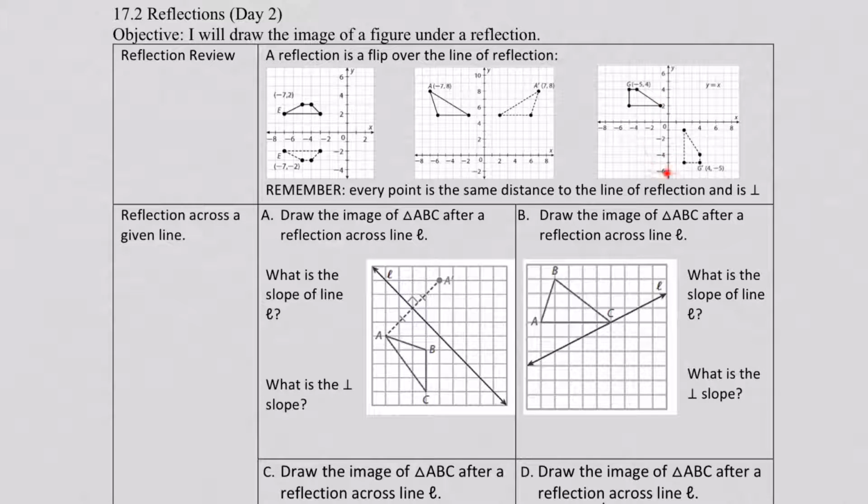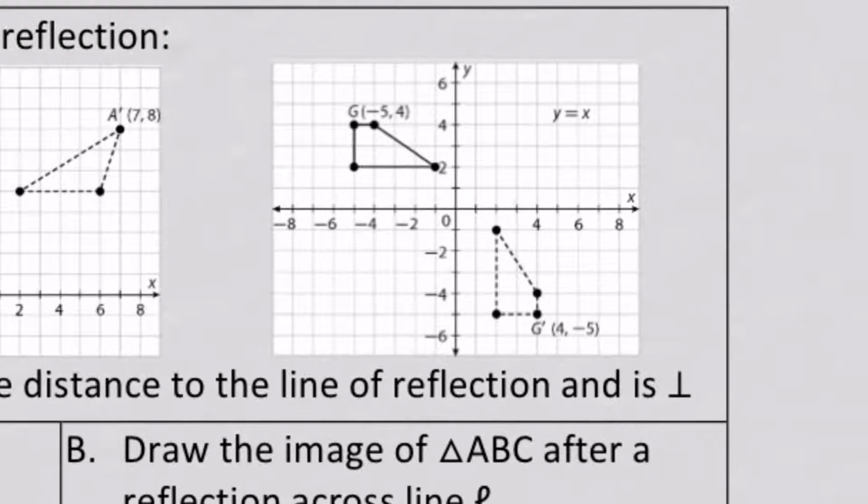In this one over here, it might not be so obvious to see, but you could still do the same thing. If I connect, let me zoom in here. If I connect this point to this point, like that, then the midpoint would be somewhere around here, right? I could do the same thing to this point and that point. If I connect them together, actually, I'm going to try to draw the line. It's not going to be a straight line, but I'm going to try.